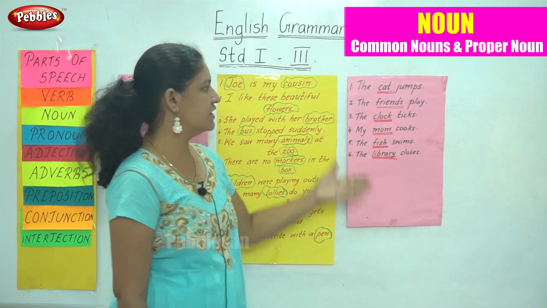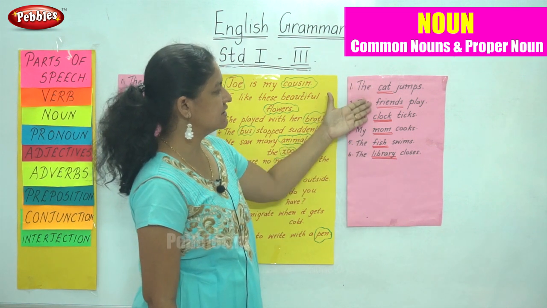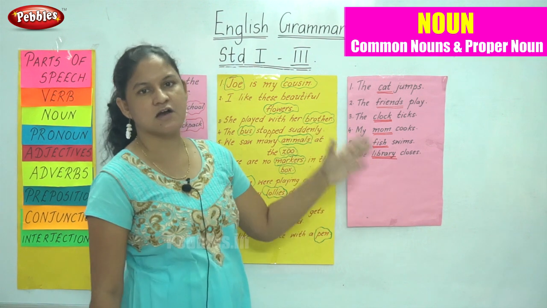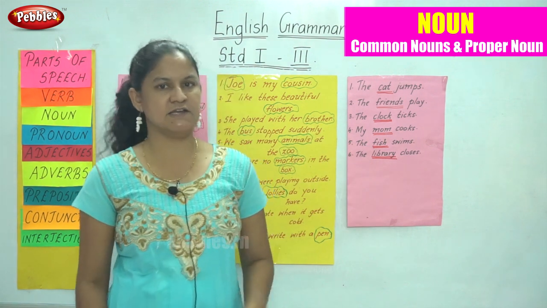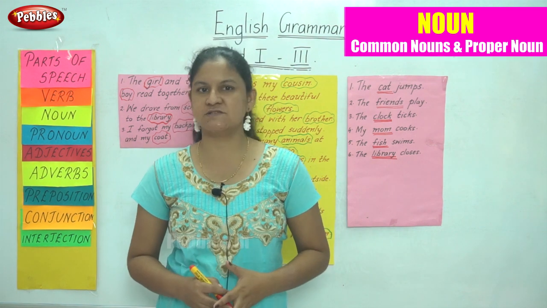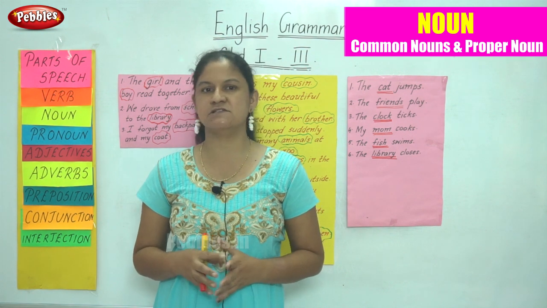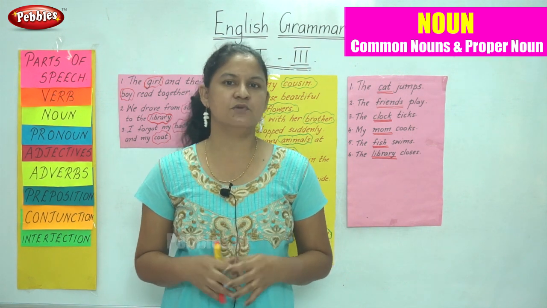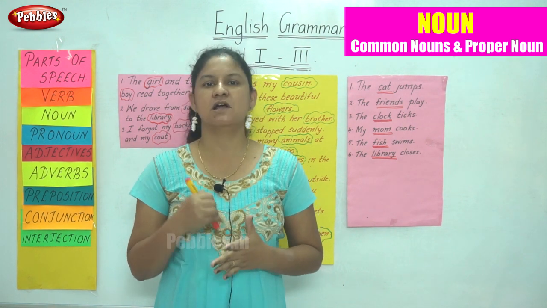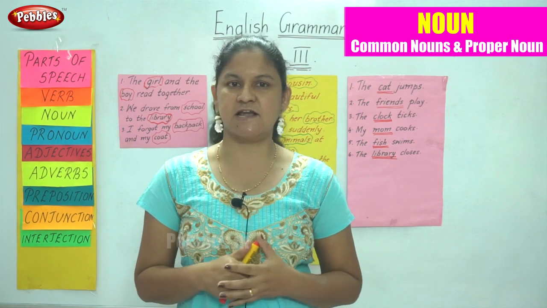So names of persons, places, animals and things. So cat, friends, clock, mum, fish, library are all the nouns that we find in these sentences. So I repeat once more, nouns are the names of persons, places, animals and things, and we have seen the types of nouns: proper noun, common noun, countable nouns, uncountable nouns, collective nouns and abstract nouns.